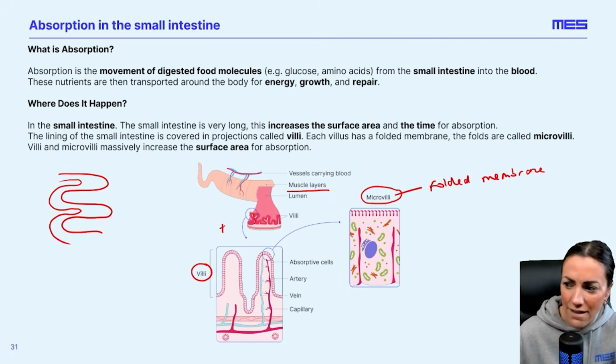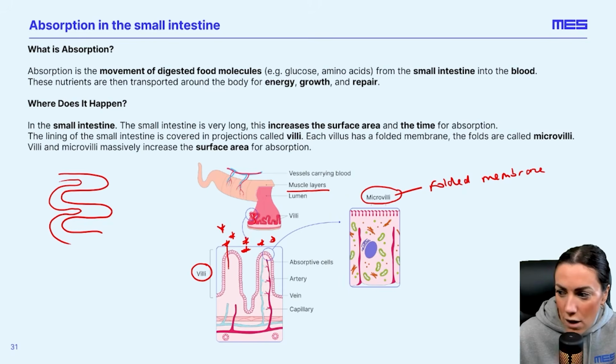So if you've got a very high concentration, let's just draw some imaginary glucose. If you've got a very high concentration of glucose inside your small intestine and a lower concentration of glucose inside your bloodstream, it can diffuse over the wall of the villus and enter the bloodstream, because you'll notice there are capillaries, microscopic blood vessels in these villi.